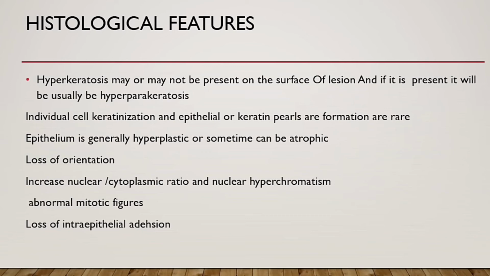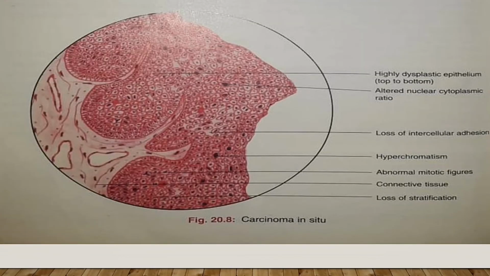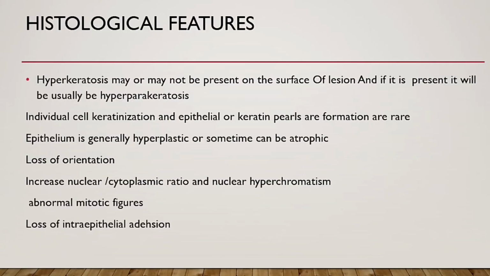Also, individual cell keratinization or keratin pearls are rare. So there is no individual cell keratinization or keratin pearl formation in carcinoma in situ, as you can see in the picture. Also, the epithelium is generally hyperplastic or sometimes can be atrophic.